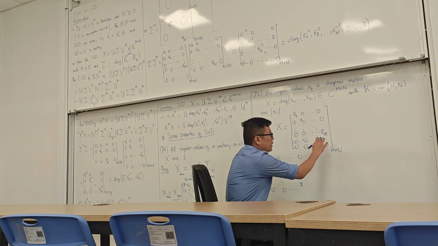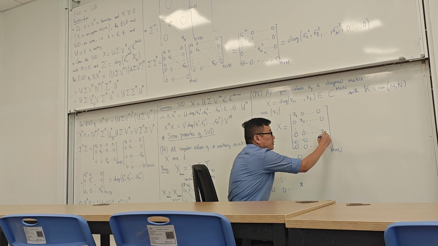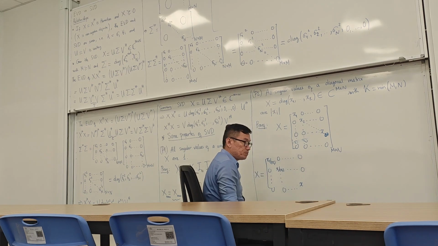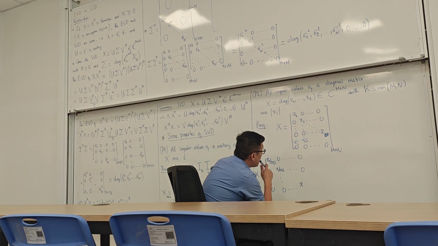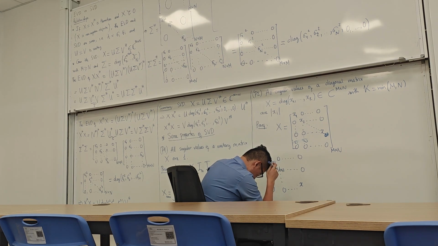So in this case, k equal n, like this, right? I have to check carefully this one. Maybe I made a mistake here.